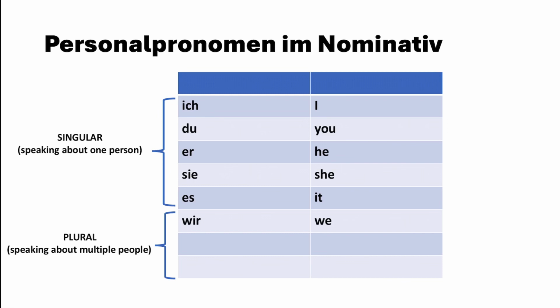Wir, we, ihr, you all, und sie as in they, or sie with a capital S as in you formal. So these are all the pronouns. Ich, du, er, sie, es, wir, ihr, sie.